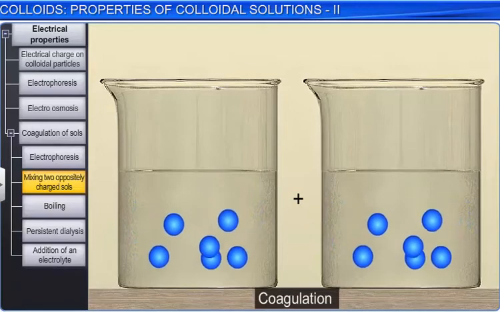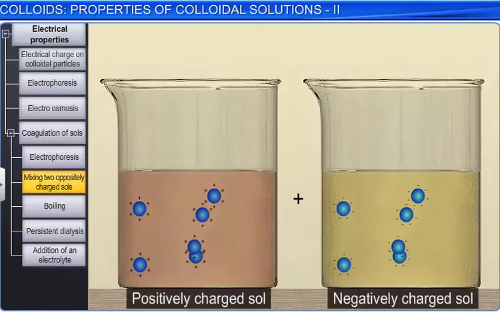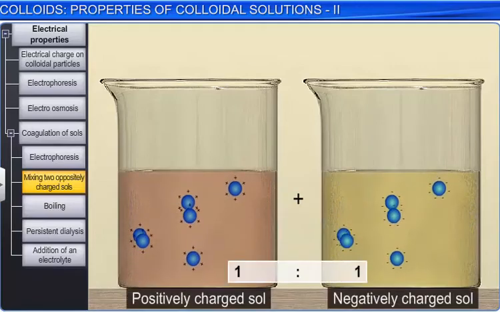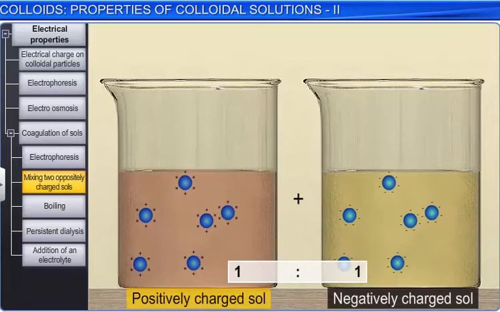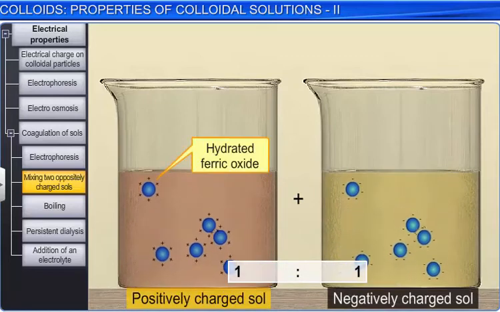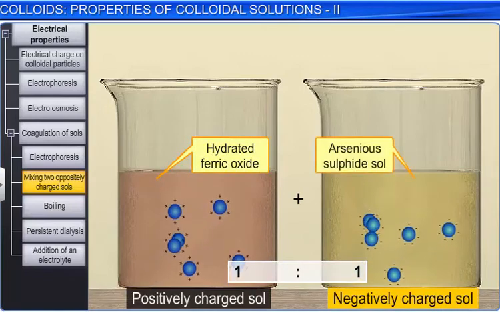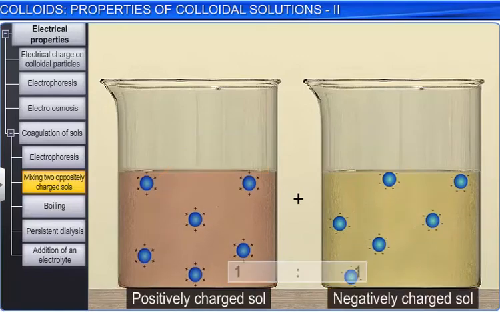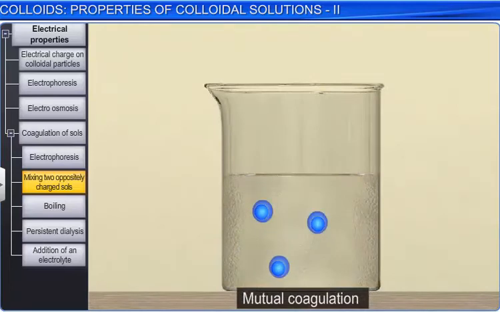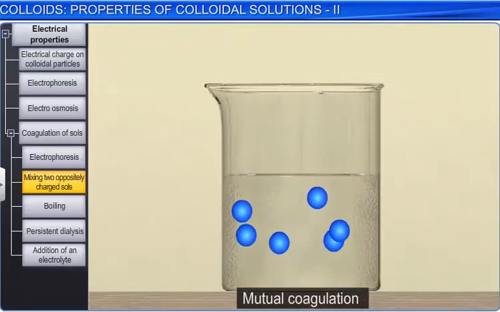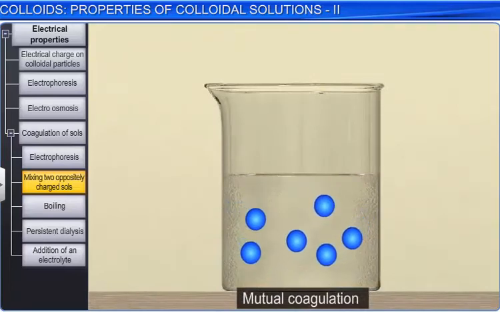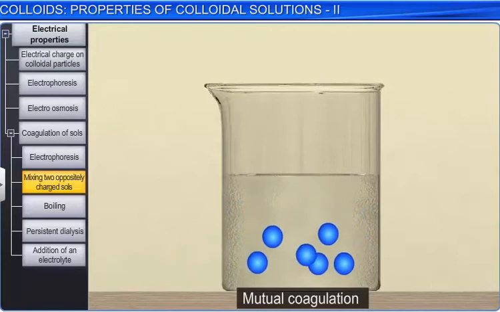For example, if equal proportions of a positively charged sol of hydrated ferric oxide and a negatively charged sol of arsenious sulfide are mixed, then the coagulation of both the sols takes place. This type of coagulation is called mutual coagulation.